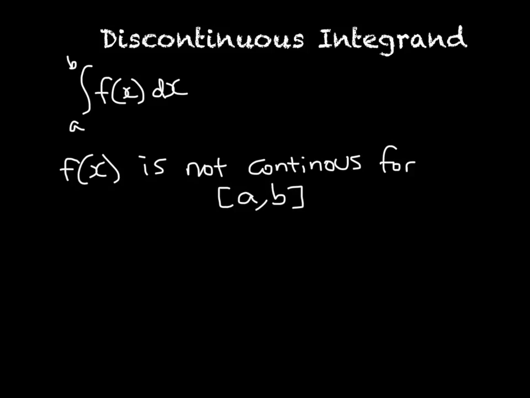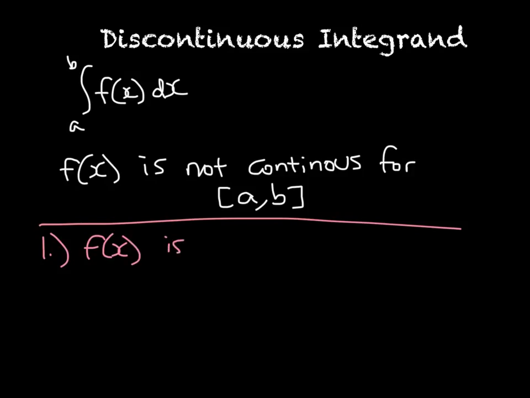So one case in which this can happen is if f of x is continuous from a to b except not including the point b.